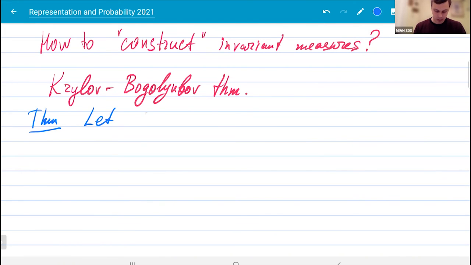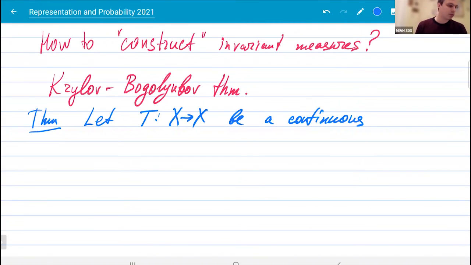Let T be a continuous map of a compact set.